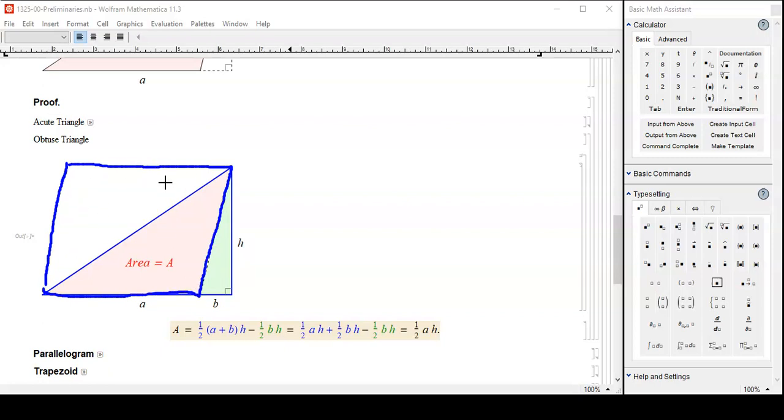Just look at this parallelogram and note that the area of this obtuse triangle is half of the area of the parallelogram. And it will turn out the area of the parallelogram is A times H. So half of that, 1/2 A times H. That's another way to do it. But here, I didn't do the parallelogram yet. So the previous method will have to work.